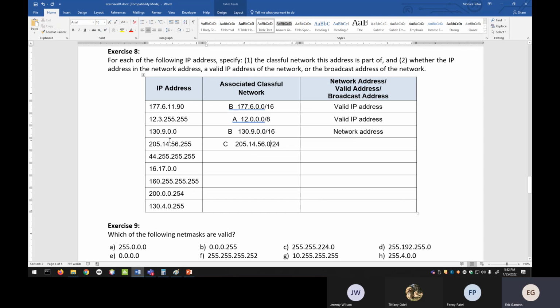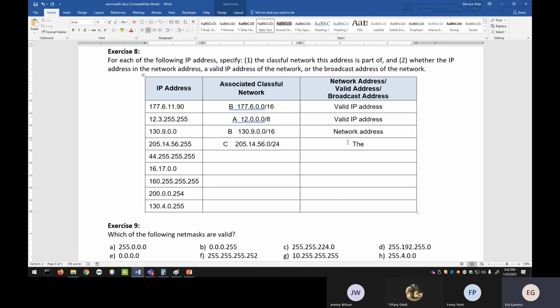So this IP address, which is in this network, will be what? A valid IP address, a network address, or the broadcast address? It will be the broadcast address.